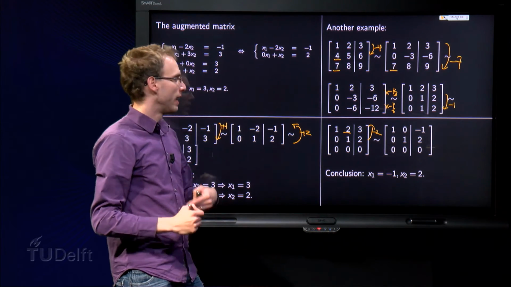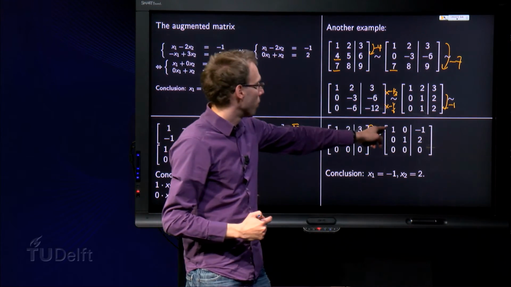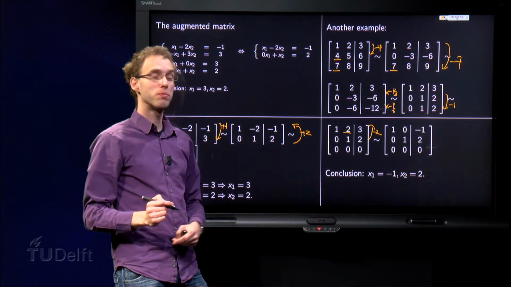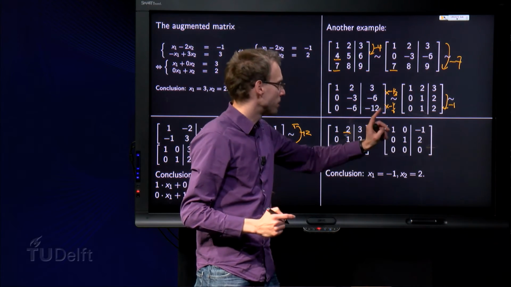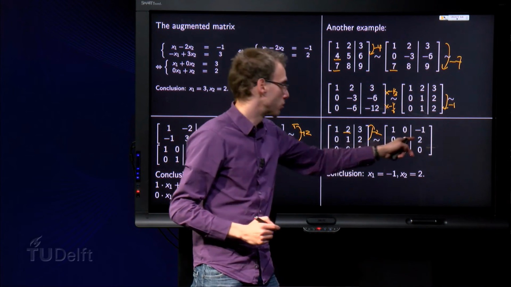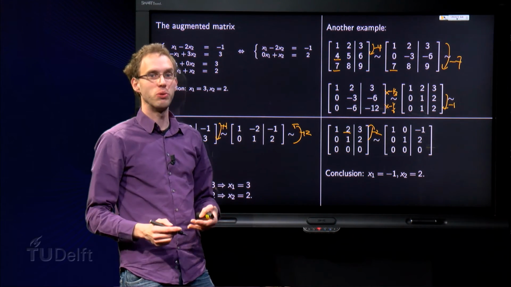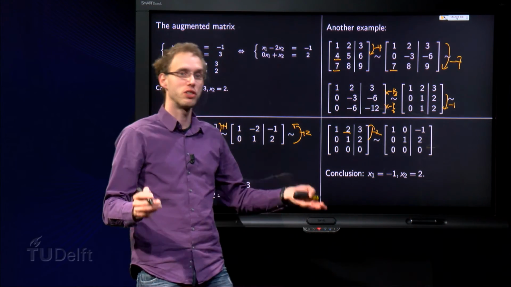And there we are. Then we translate back. 1 times x1 plus 0 times x2 equals minus 1. x1 equals minus 1. 0 times x1 plus 1 times x2 equals 2. x2 equals 2. And 0 times x1 plus 0 times x2 equals 0. 0 equals 0. That's always true.